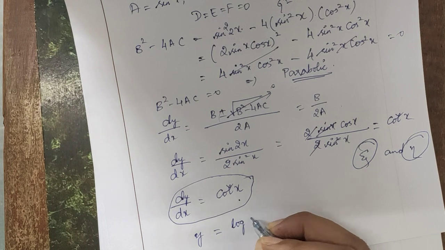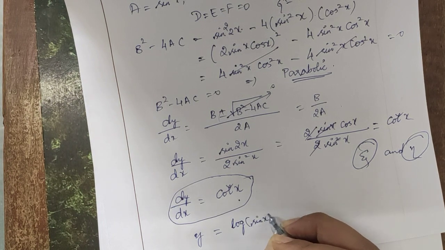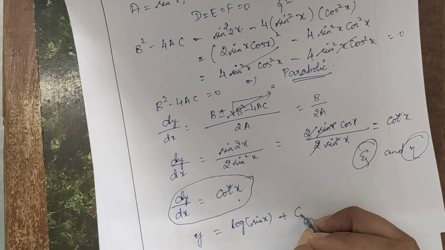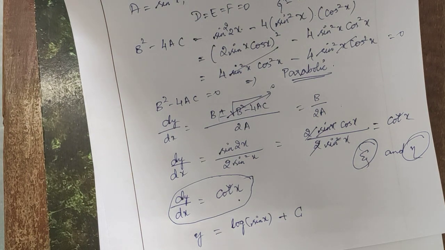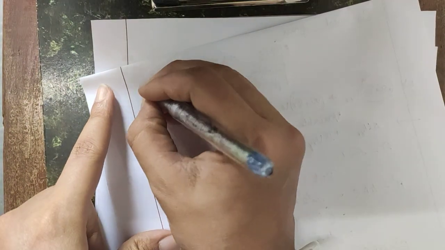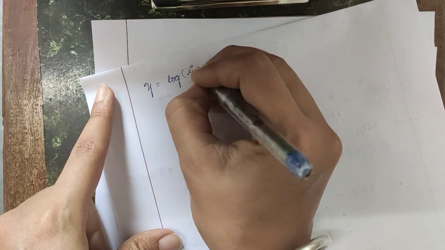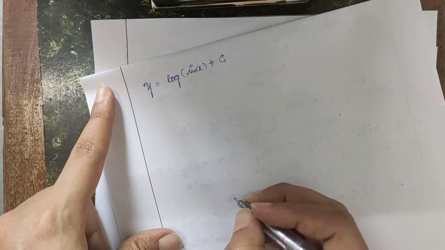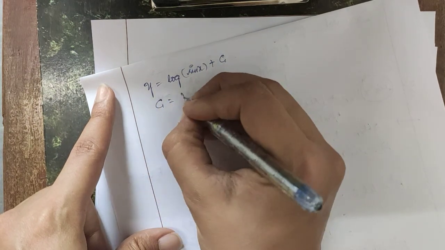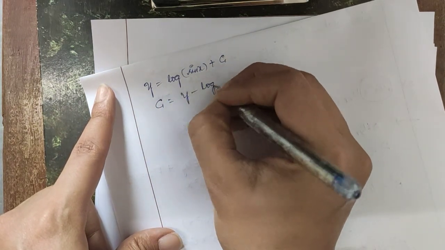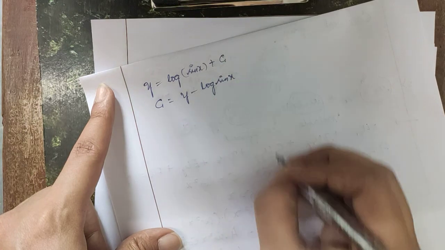It is log of sin x plus some constant c. So we have y is equal to log of sin x plus c. Now what is c? c is nothing but y minus log of sin x.